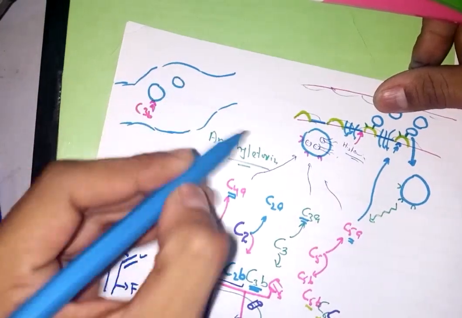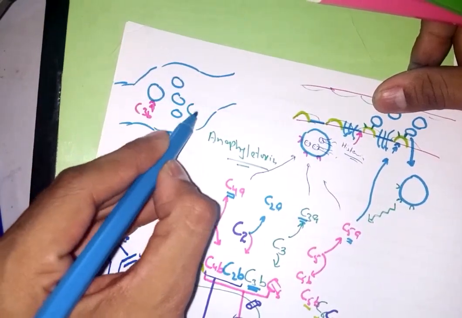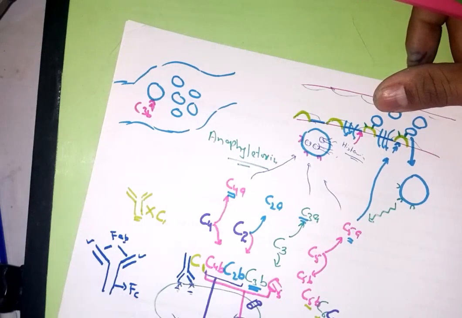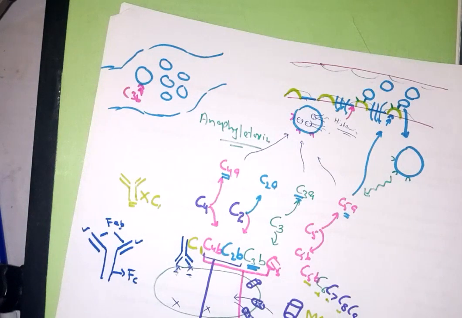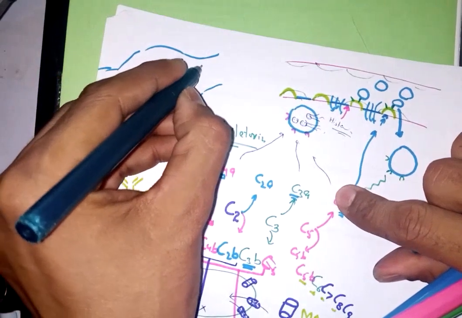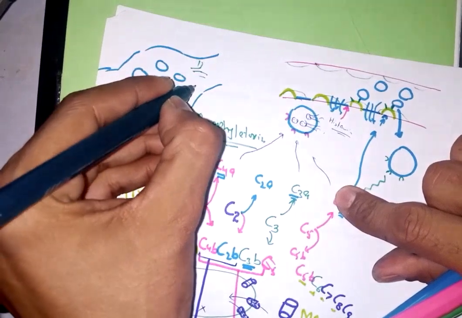So proliferation means division, more and more copies of B cells will be formed, plasma cells will be formed. Obviously plasma cells are responsible for making antibodies, so more antibodies will be formed to tackle the infection.